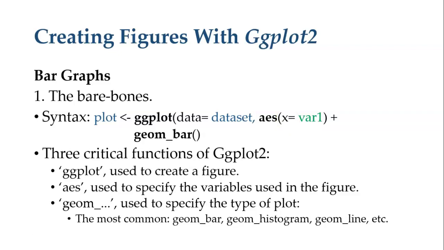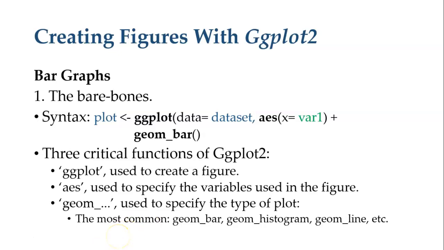I don't know how many variables you can put in just a single plot, but with two, actually you have a lot of fun. Three is too many. Okay. And the third function that you need to keep in mind is this geom, because you can have many different ways to call this geom, but this is basically the kind of plot that you want to prepare.